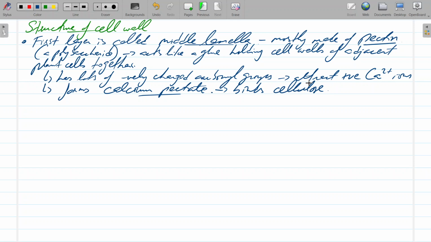It binds the cellulose. Now moving on, right, cellulose microfibrils and matrix build up on both sides of the middle lamella.